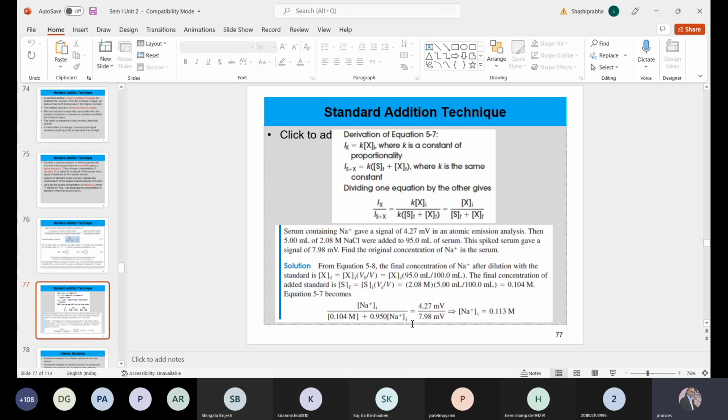Because it is actually the initial concentration of NaI, but it has been diluted. So this factor takes into account the dilution factor. If you solve this, sodium ions were 0.113 molar. That is the concentration of sodium ions which was present initially, which gave a signal corresponding to 4.27 millivolts in an atomic emission analysis.